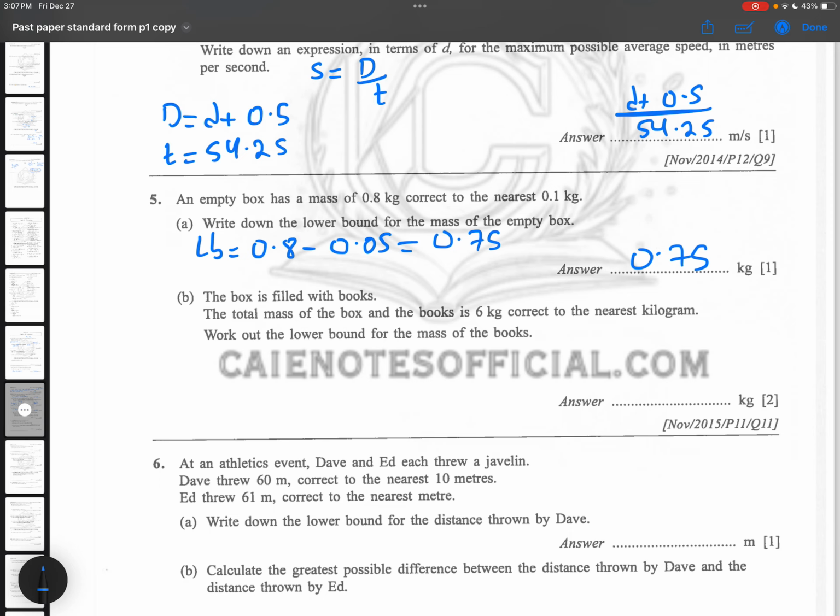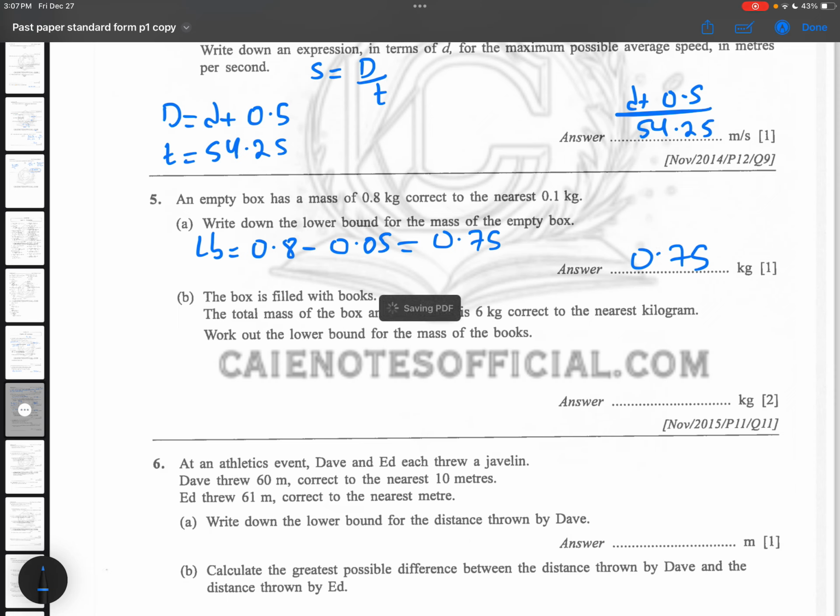The total mass of the box and the books is 6 kg, correct to the nearest kilogram. Work out the lower bound for the mass of the books. We need to get the lower bound for the mass of the books.